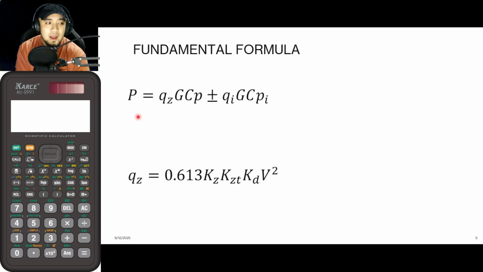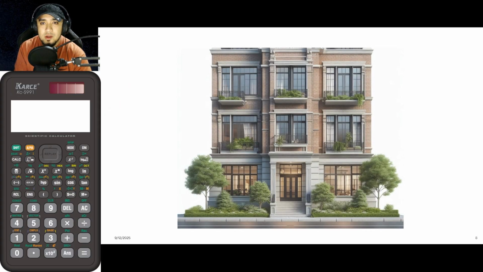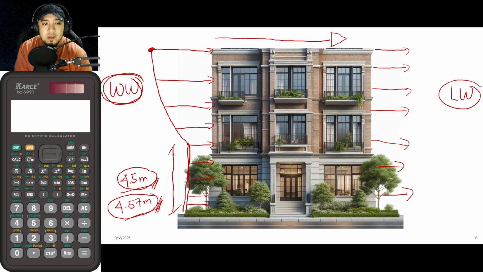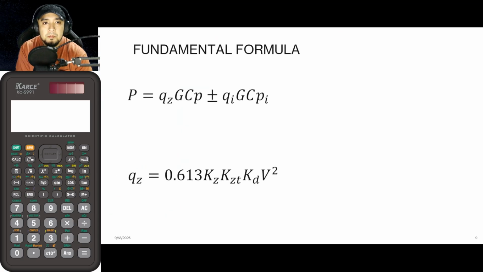Just memorize this formula, substitute all the values that you know, and that's it. You have actually solved for the pressure. So in our slide a while ago, this is what we would be solving: what is the pressure at this point, at this point, at this point. Basically, we are solving for the pressure P.